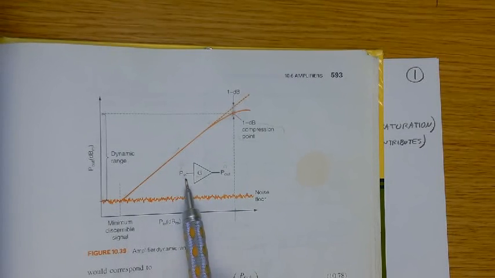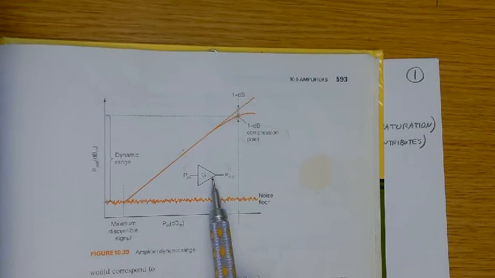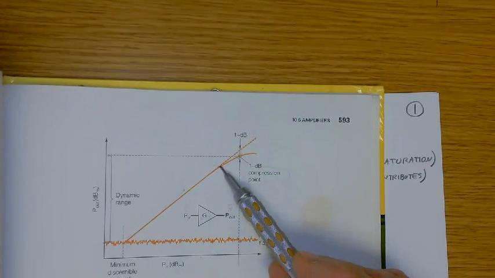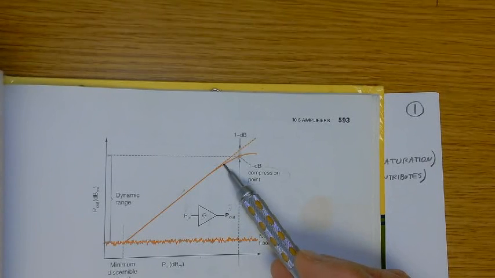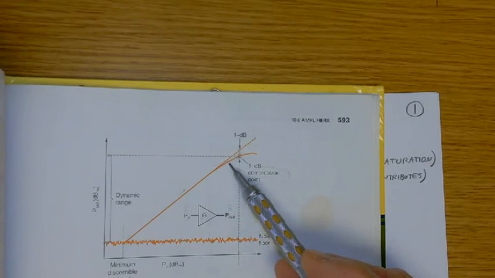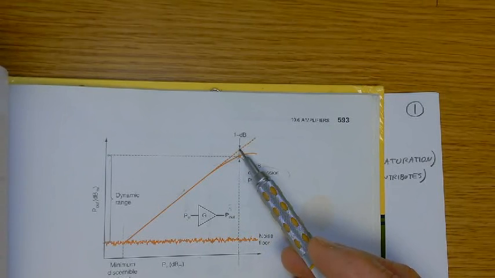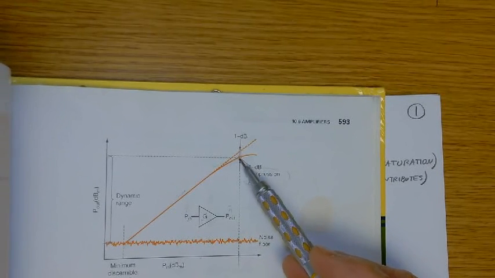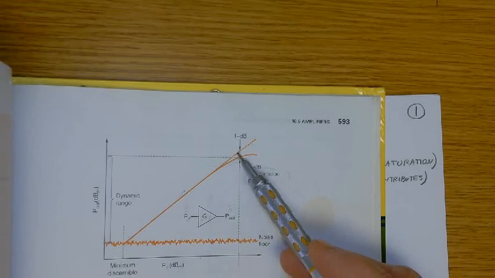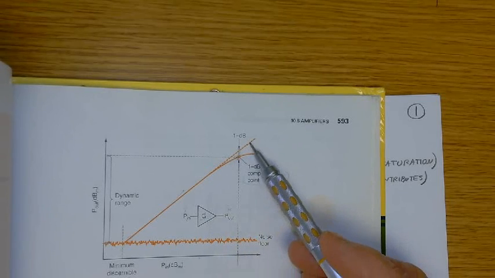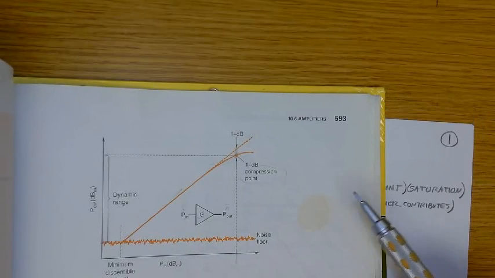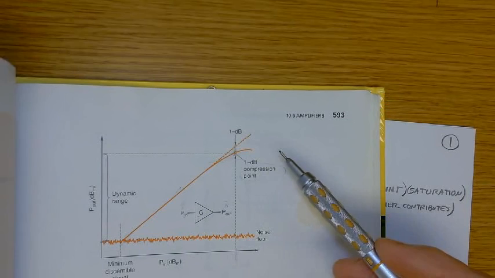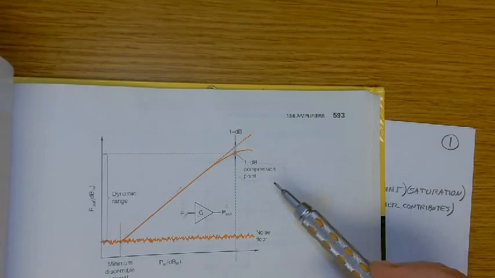At some point, the input power will saturate the amplifier, and that begins to happen right about here. And so the gain is really specified where there's this 1 dB compression, where the actual gain is 1 dB down from what it would be if the gain were linear over all ranges of input. So the gain of the amplifier is specified at the 1 dB compression point.